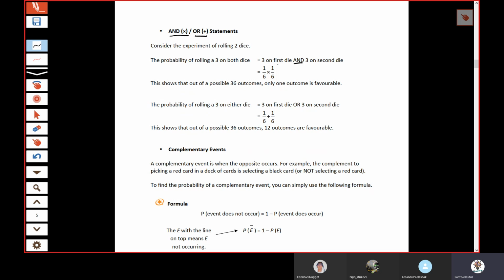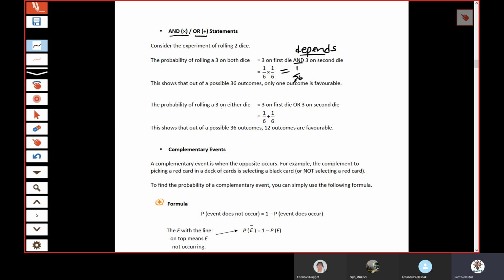So that's a multiply and a multiply: 1 out of 6 times 1 out of 6, 1 out of 36. This shows that out of a possible 36 outcomes, only 1 outcome is favorable.